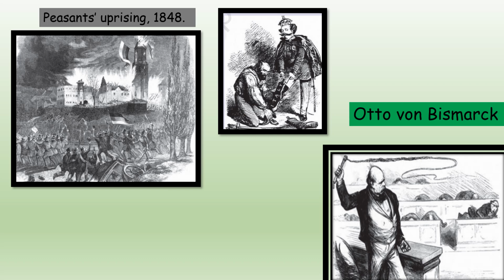The next picture is about a man and a king. The man is helping the king wear a boot, and that boot is called Italy. Yes, children, you're right. This is talking about the unification of Italy. And who is this man? This man is Giuseppe Garibaldi, who was responsible for unifying Italy, and the king is Victor Emmanuel II.